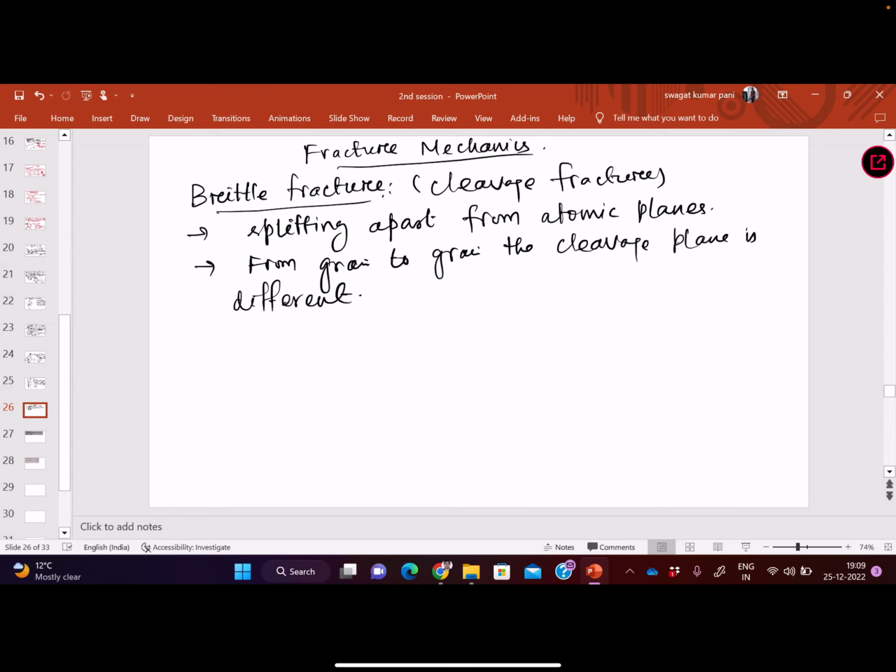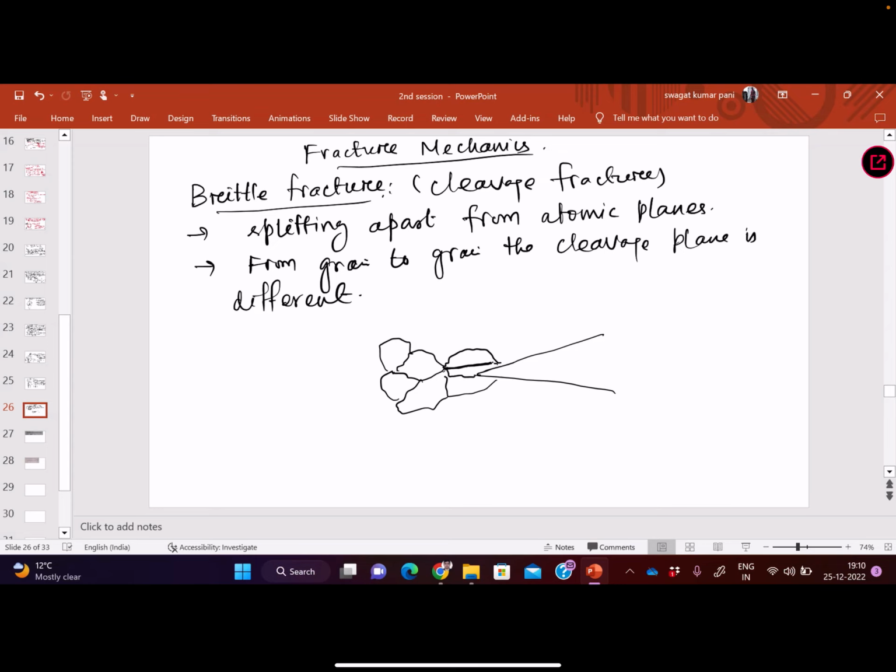So it happens something like this: suppose we have a crack here, and these are the grains. Suppose this one is a cleavage plane in the crack, in grain one.